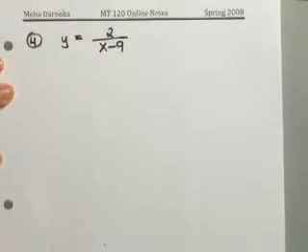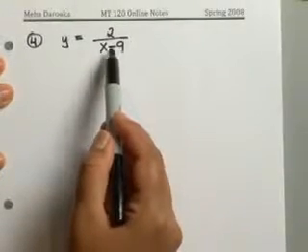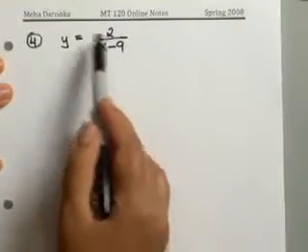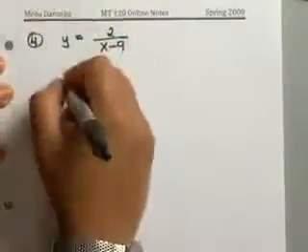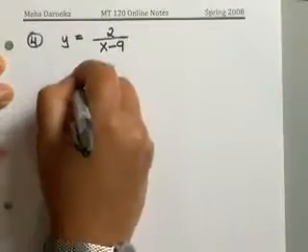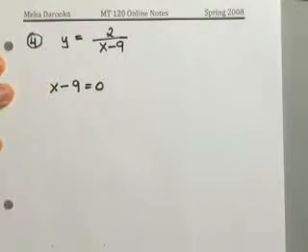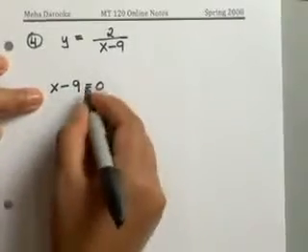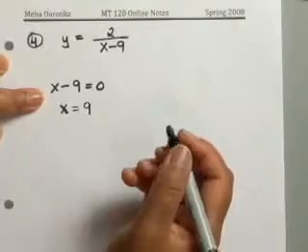Now again, remember, as we did earlier on, you cannot have a 0 in your denominator, which tells me x minus 9 must not equal 0, because that's when my y will be undefined. So first of all, we'll go ahead and take our denominator and set it equal to 0. What we are trying to do here is find the value for which the denominator will be 0. So when you solve this equation, you will end up with x equals 9.